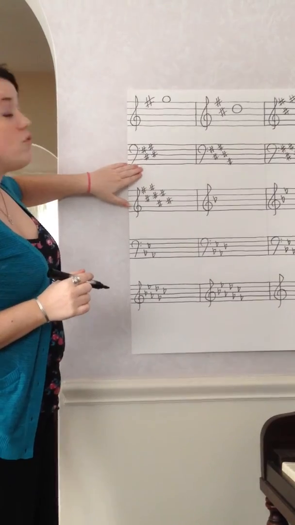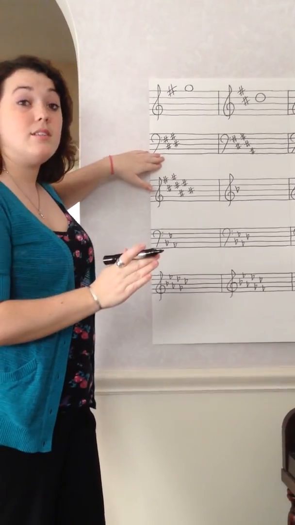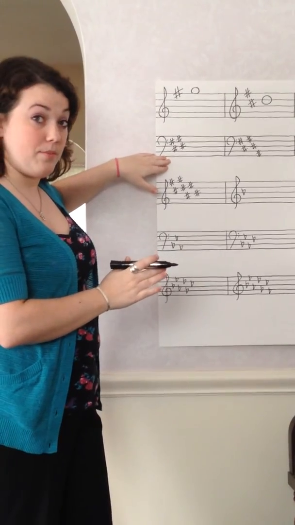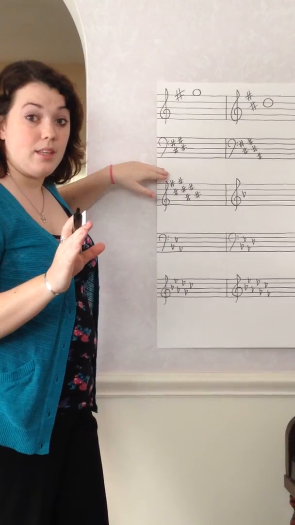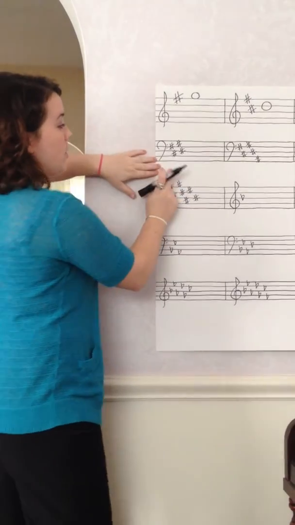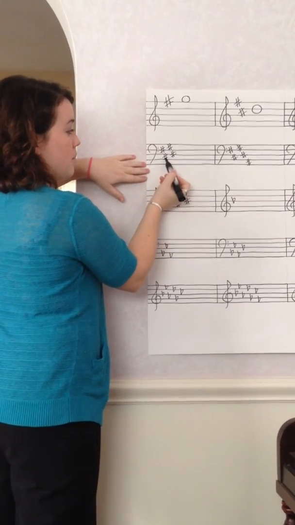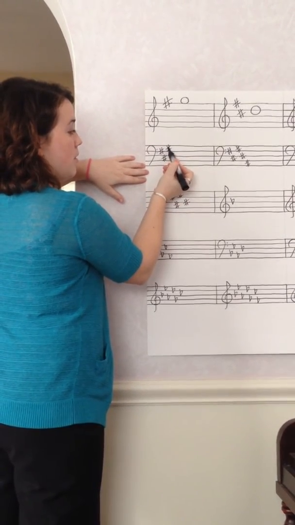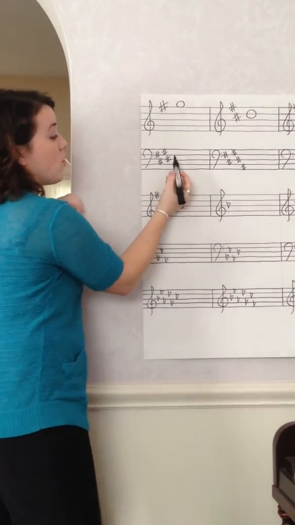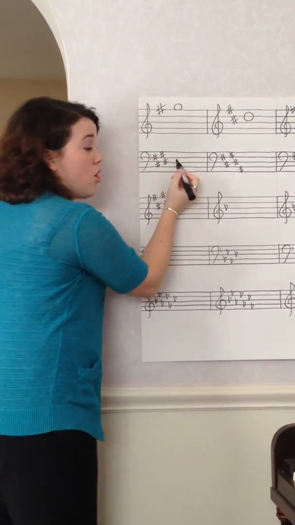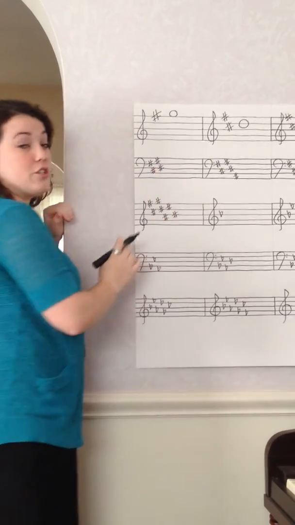Okay. So we've moved to bass clef, and remember that it's the same as it is in treble clef, okay? Scales will always start the same, okay? So we have F sharp, C sharp, G sharp, and D sharp. So if we think T do from D sharp, what should our major key be?